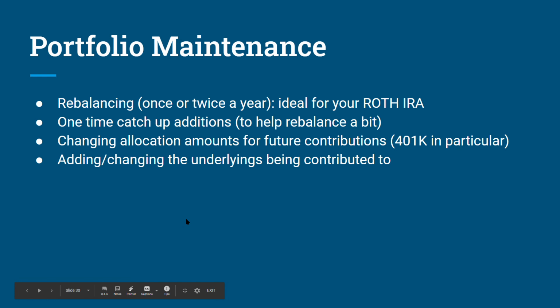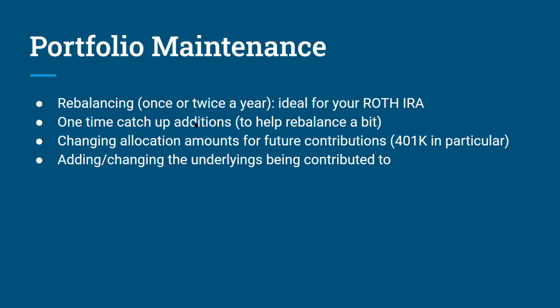You might say, okay, I'm going to rebalance by selling a little bit of the stocks and putting that cash into buying some more ETFs and bonds, right, to rebalance those allocations. You can also do one-time catch-up additions to help rebalance a bit.